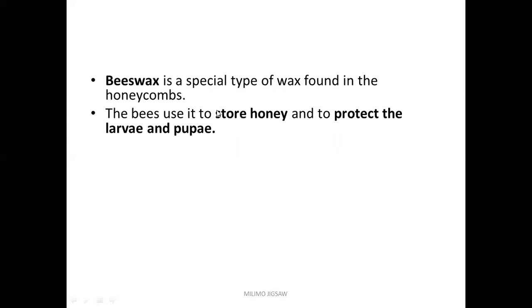Now look at beeswax, which is a special type of wax found in the honeycomb, which the bees use for storage of the honey, and also to protect the larval and pupal stages.